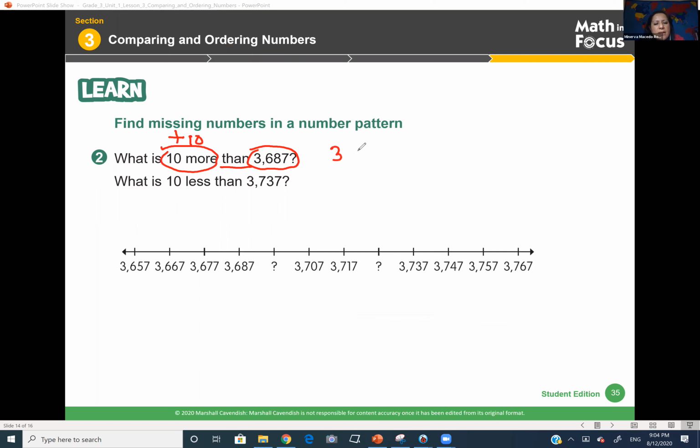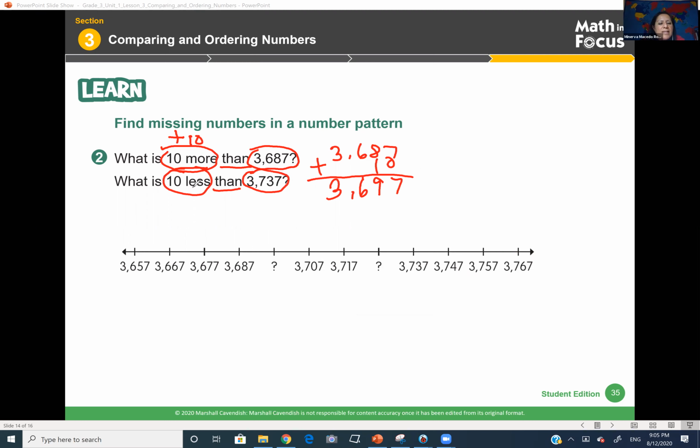So 3,687 plus 10, because here says 10 more, plus 10. Remember to align your numbers, ones with ones, tens with tens, hundreds with hundreds, and thousands with thousands. So this is 7 ones, 9 tens, 6 hundreds, and 3 thousands. And this one tells us 10 less than 3,737.